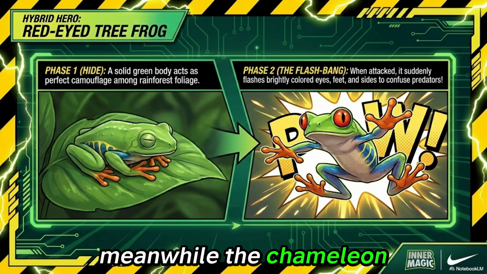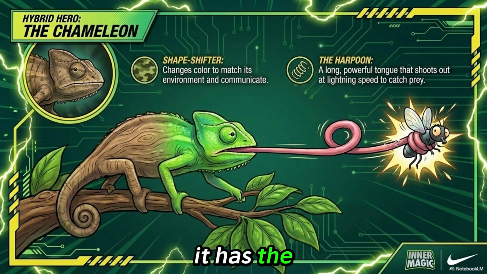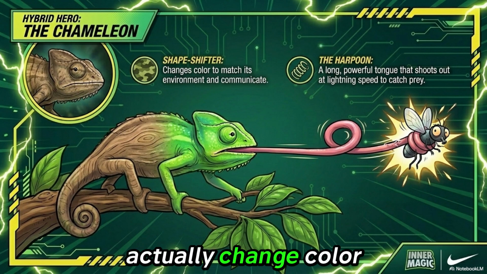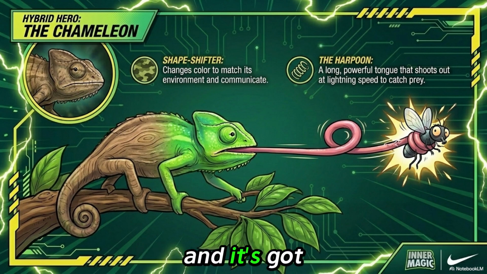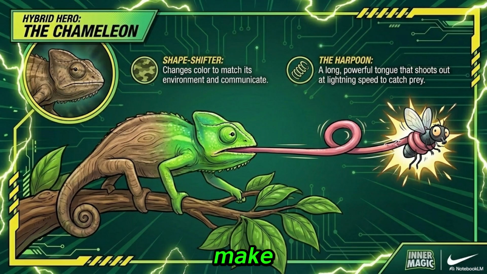Meanwhile, the chameleon relies on a wildly different structural feature. It has the physical ability to actually change color, and it's got this long, super powerful tongue that shoots out like a rocket to catch its prey. Remember, these aren't choices the animals make. These are physical, structural features they possess.